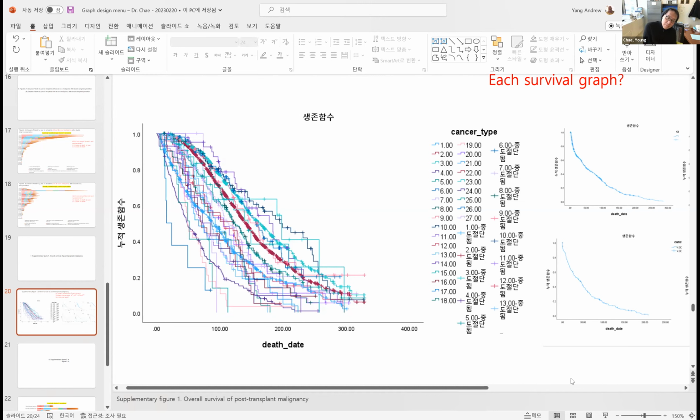Because in total of 27 cases, we already used top 5, then 22 malignancies left. So I can divide into 2 different graphs with 11 types each, or 3 graphs. Yeah, there's 22. You can do four graphs A, B, C, D, and just show how the others do. Yeah, let's do that. Four graphs and make a panel A, B, C, D. In the order of frequency after top 5, yeah.